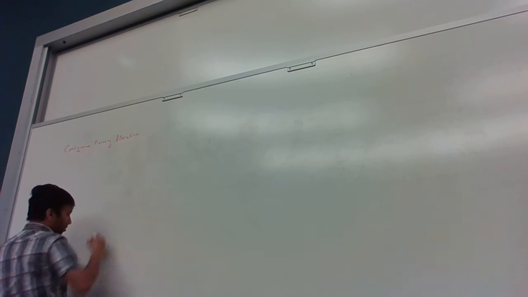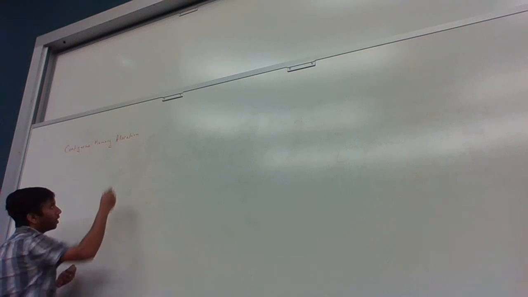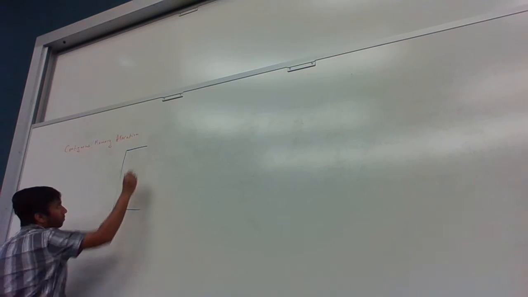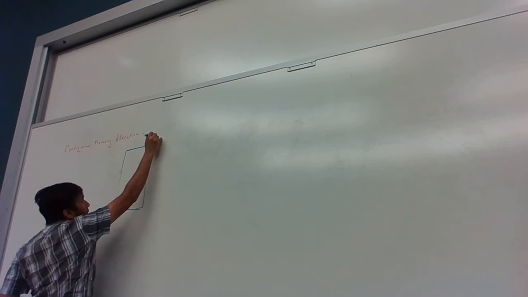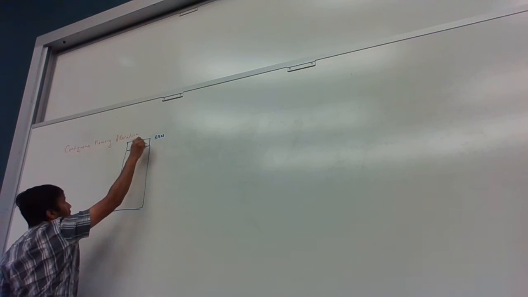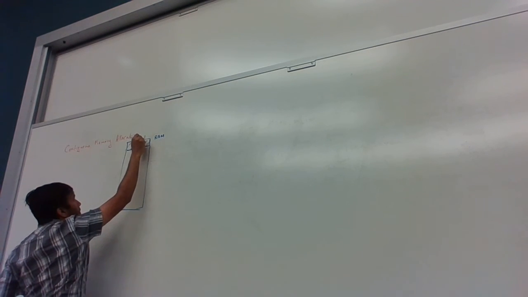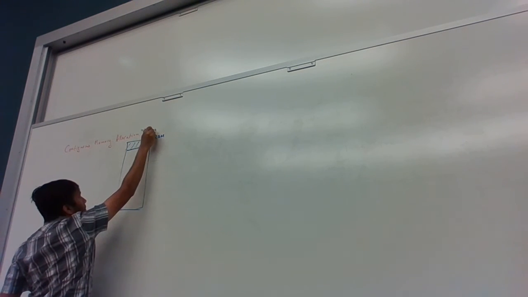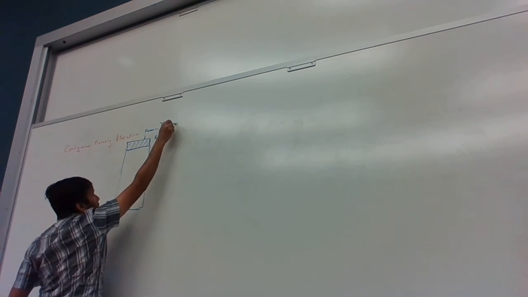Let's say this is our RAM. A portion of it is reserved for the operating system. You cannot write on it. So let's say the upper portion is reserved for the operating system. The rest can be used by programs.